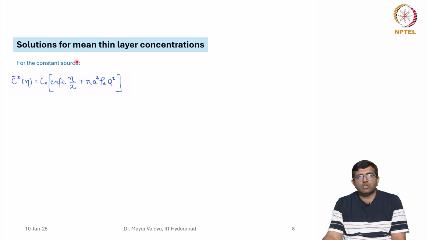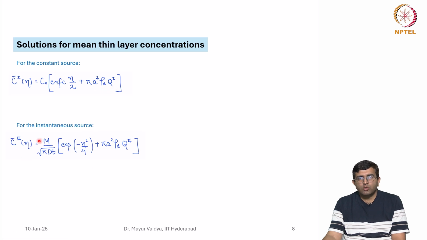So for the constant source, if you write in terms of the normalized variable, the average C can be written as C naught times the complementary error function of eta by 2 plus pi a square rho d into Q1.